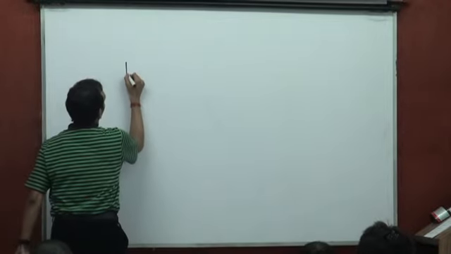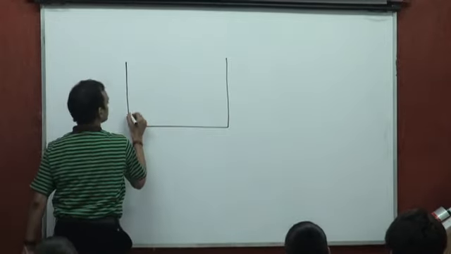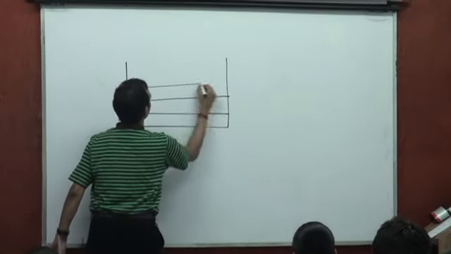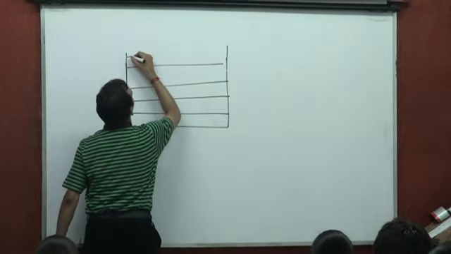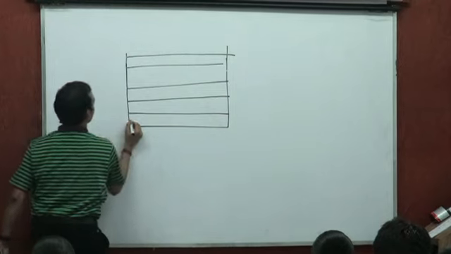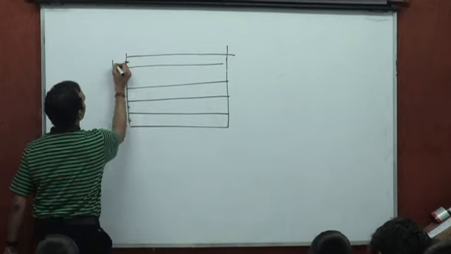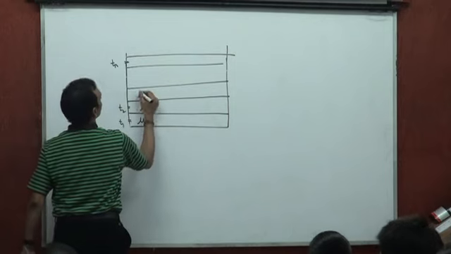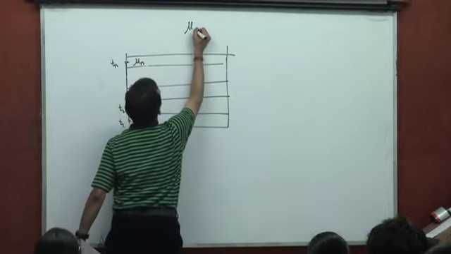Now, if you recall, while I was doing real depth, apparent depth kind of a situation, several layers of media on top of each other. This is thickness T1, this is thickness T2, thickness Tn, refractive indices mu1, mu2, mu3, mu n, and let's say this is the final medium mu m.